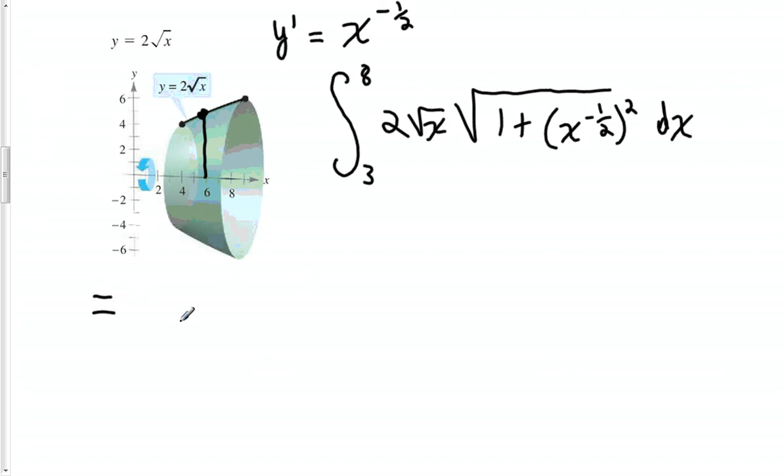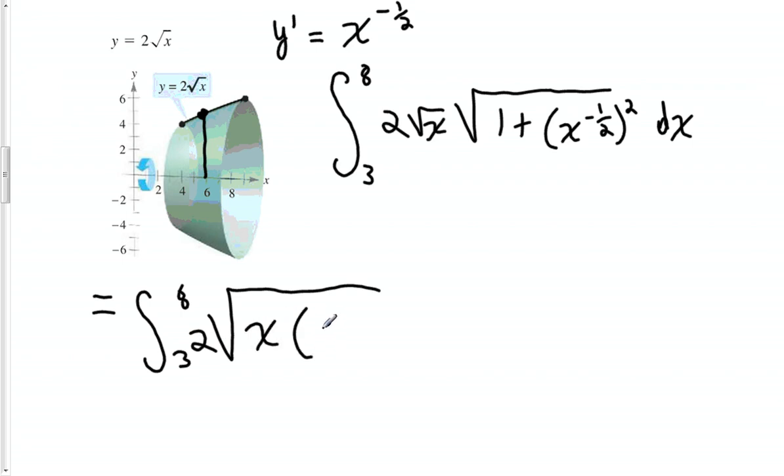So let's go ahead and do the calculation here. Well, one thing I can do is combine these two radicals to make this the integral from 3 to 8 of, oh, I forgot the 2, 2 times the square root of x times 1 plus x to the negative 1 power dx.